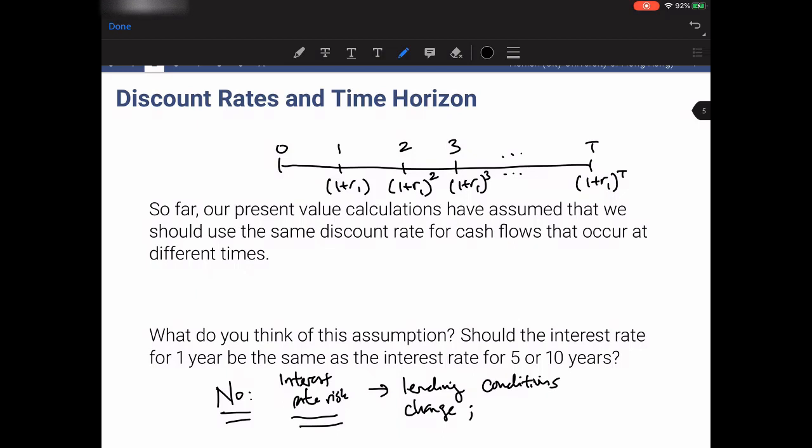Okay, so the demand and supply of riskless securities will also change, and therefore prices obviously will change. And as I will explain eventually, if prices of riskless securities change, then their return will change.